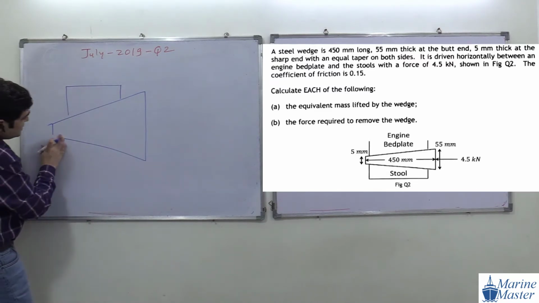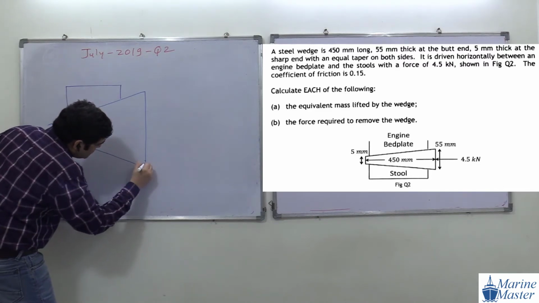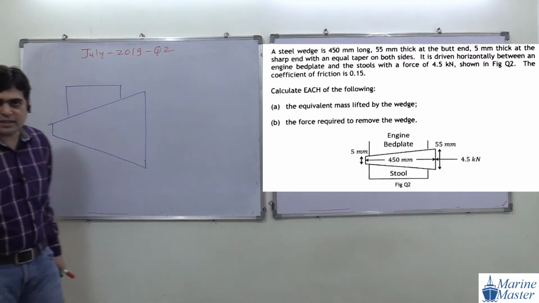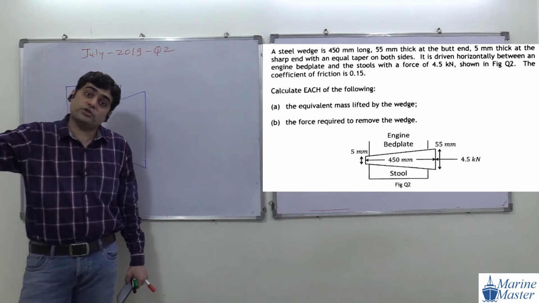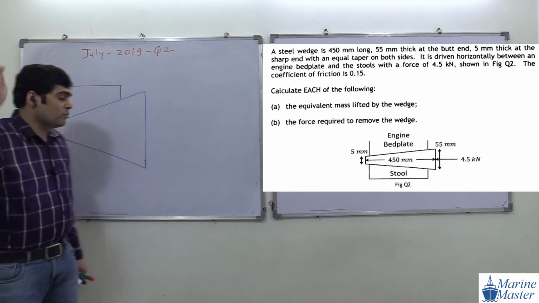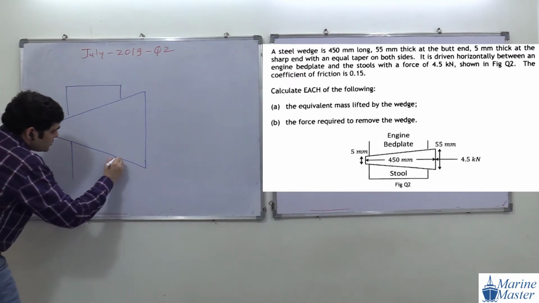Try to see the drawing here carefully, everyone. Always try to draw bigger drawings. In mechanics, the most important thing, n number of times, is the drawing. So this is a stool.